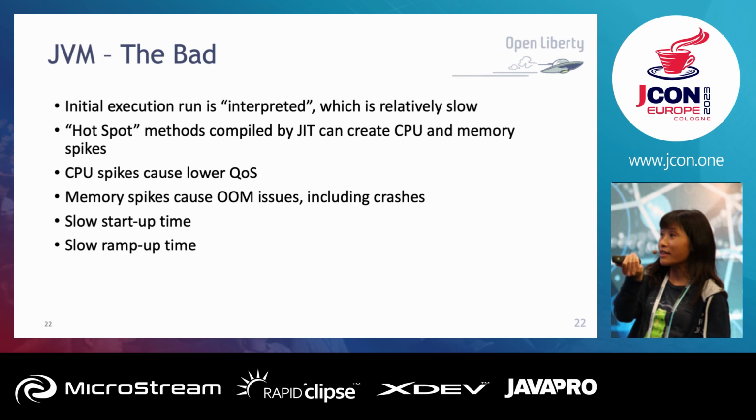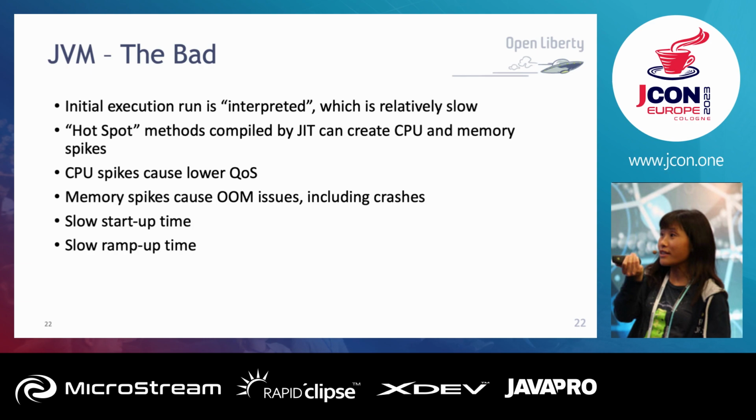It will frequently cause CPU spikes. If the CPU is used for the JIT, obviously your application will have less CPU and less performance. There are also memory spikes, which sometimes cause out of memory. This eventually leads to slow startup and slow ramp-up time.